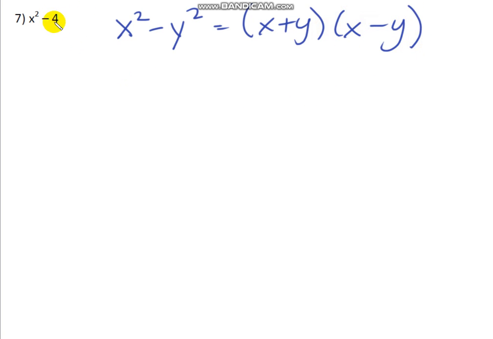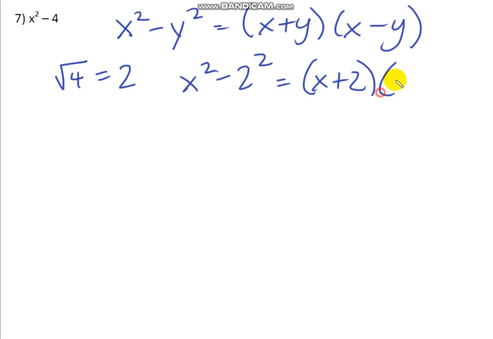In other words, we can take the square root of 4. Square root of 4 is 2. So this can be replaced as x squared minus 2 squared, which is the same thing as x plus 2 times x minus 2. That is basically a formula that you can apply.